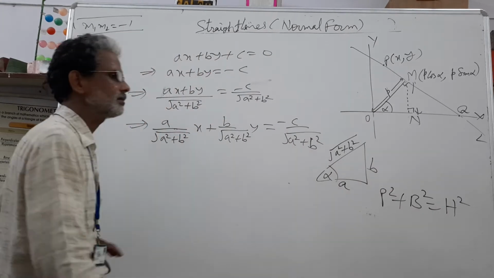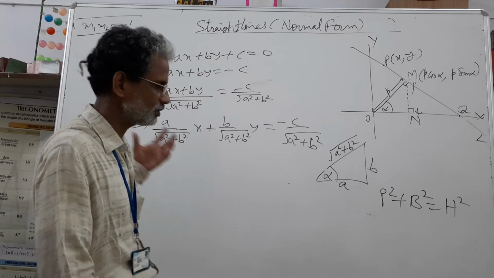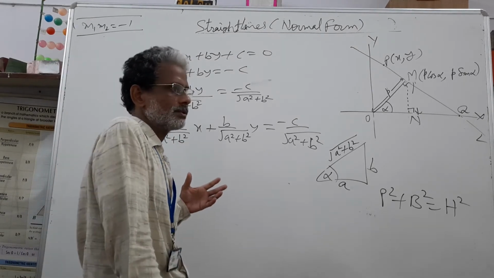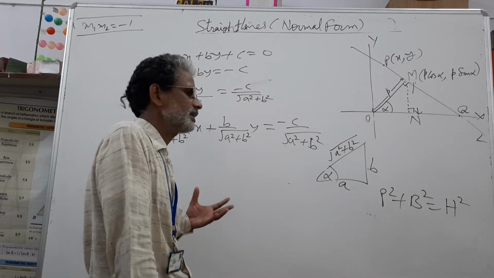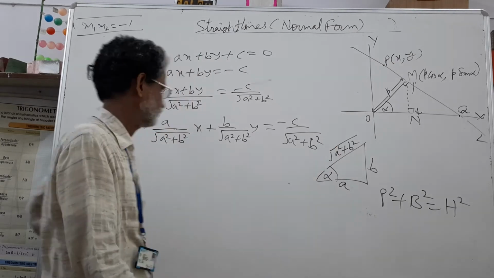Basically, it is Gaussian theorem, not Pythagoras theorem. Due to conspiracy against India and Indian scientists and mathematicians, this is given to Pythagoras.